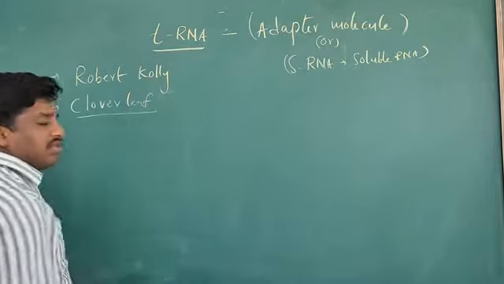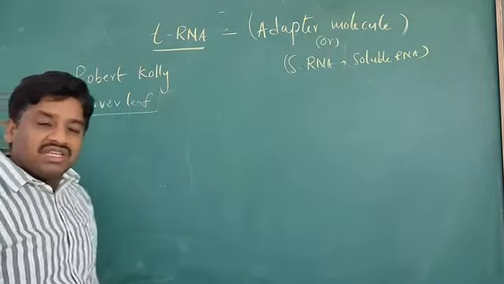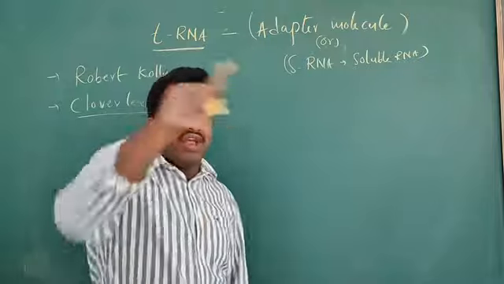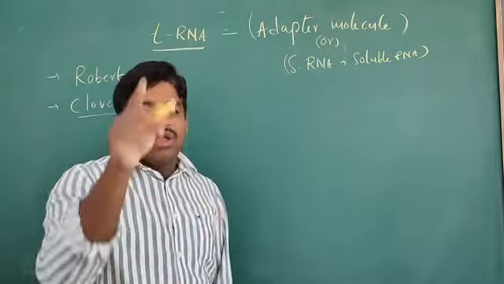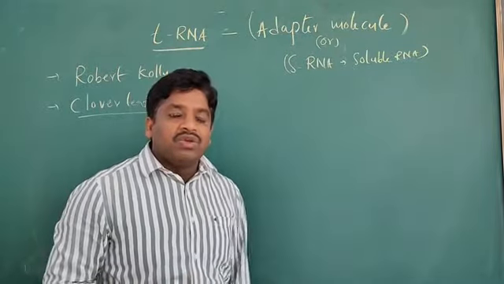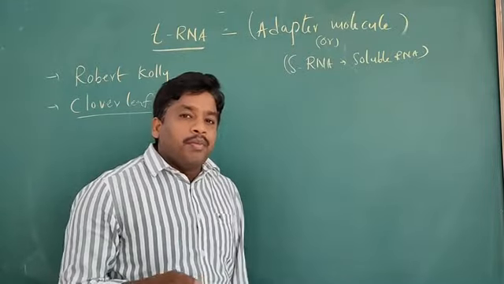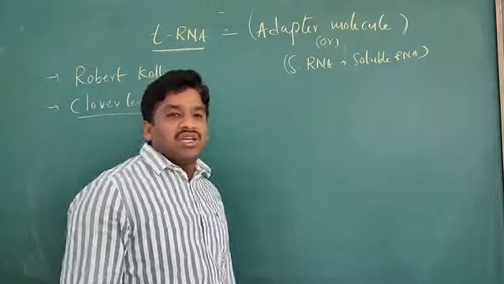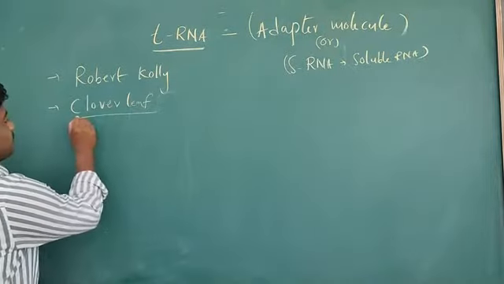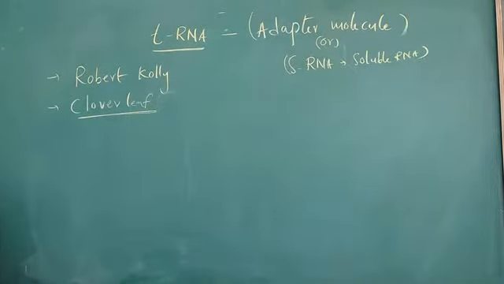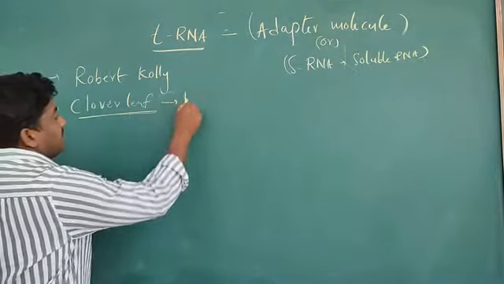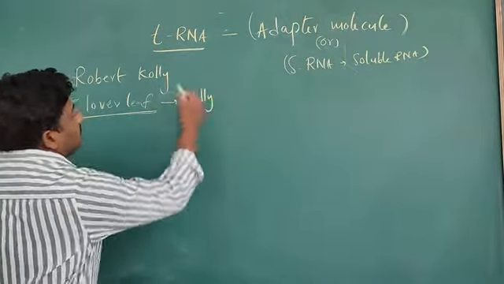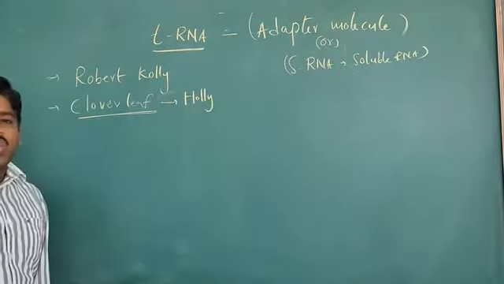Many bases are modified to form a coil-like structure, which we call a secondary structure, and this clover leaf model was identified by the scientist Holley.